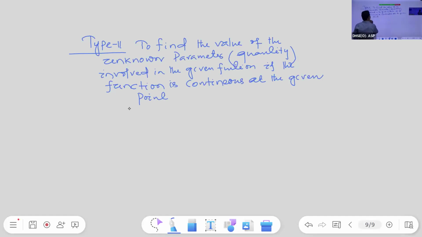First, write down the heading. Okay. To find the value of the unknown parameter or unknown quantity involved in the given function if the function is continuous at the given point.